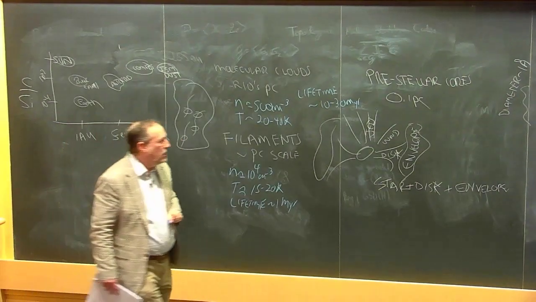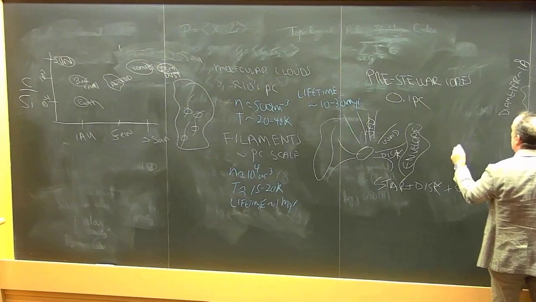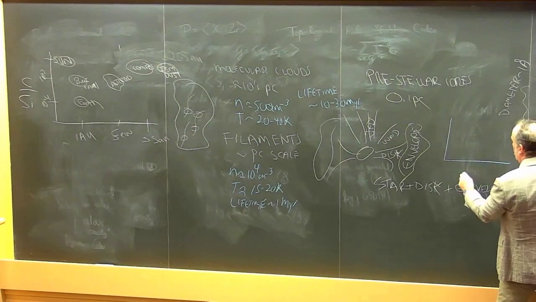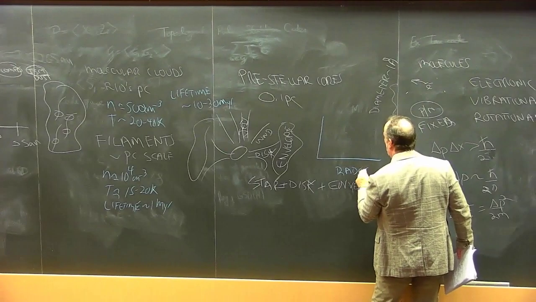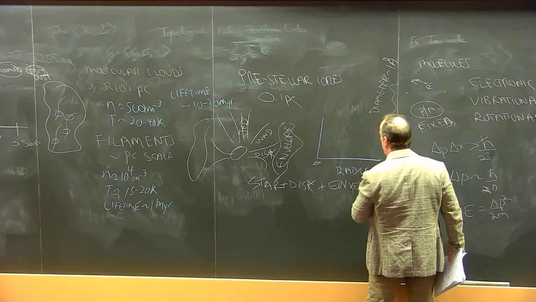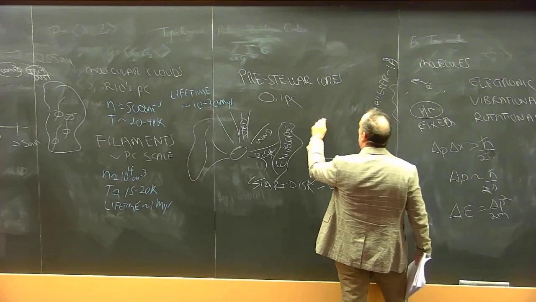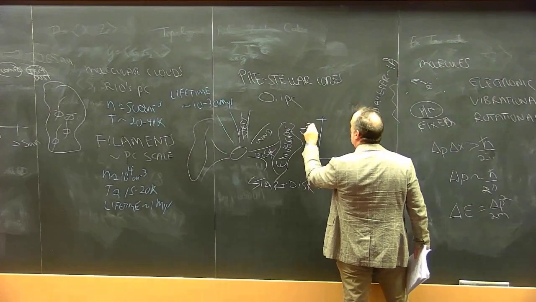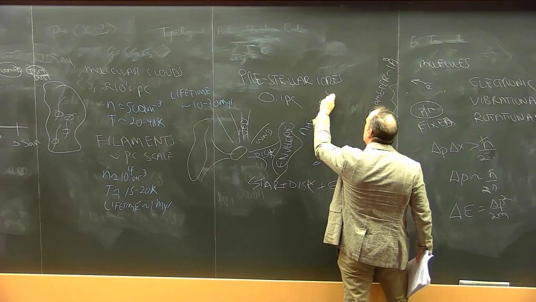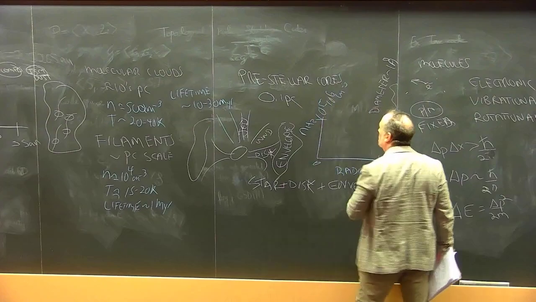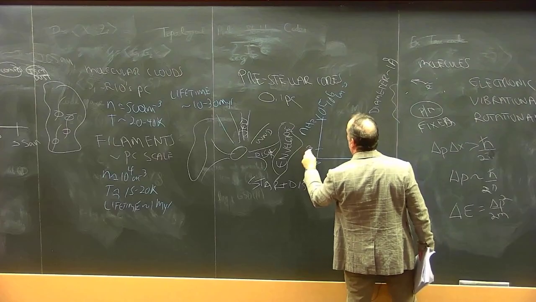All right. Now the prestellar core has much more of a density structure. So this is radius. Here's the center, and here's my tenth of a parsec, and this is density of hydrogen. It has about 10 to the 5th to 10 to the 6th per centimeter cubed, and it goes down to maybe 10 cubed.